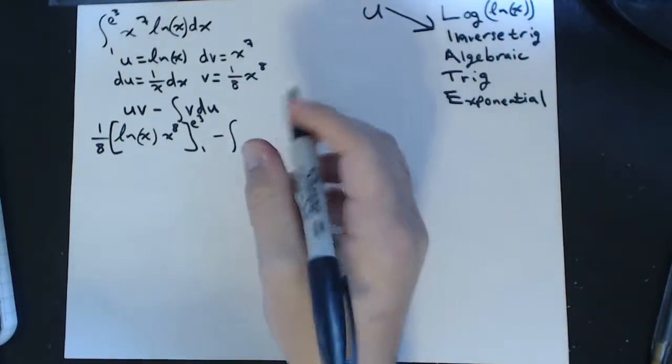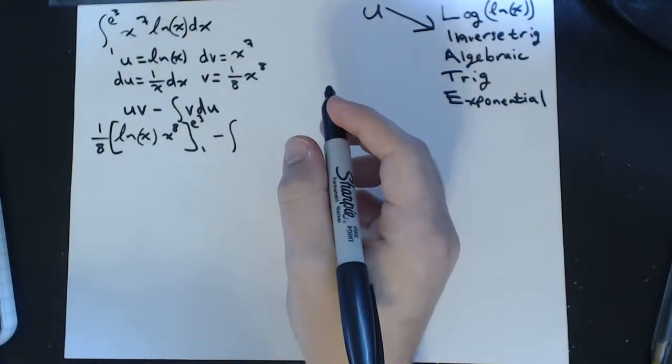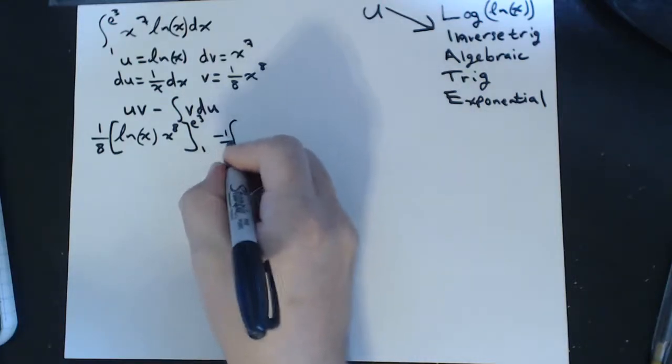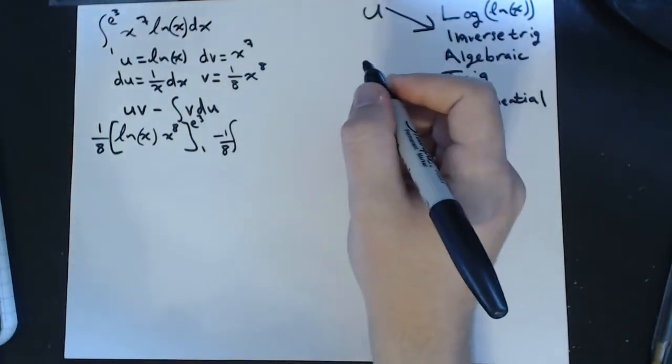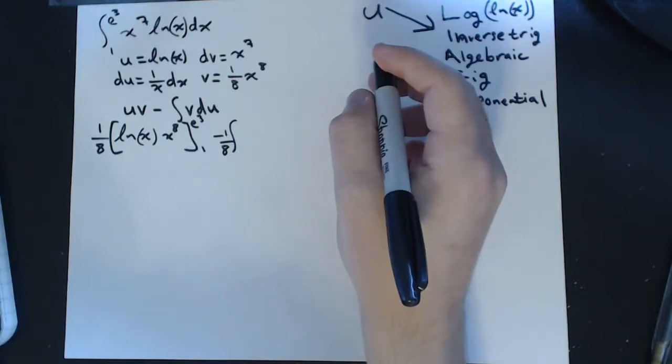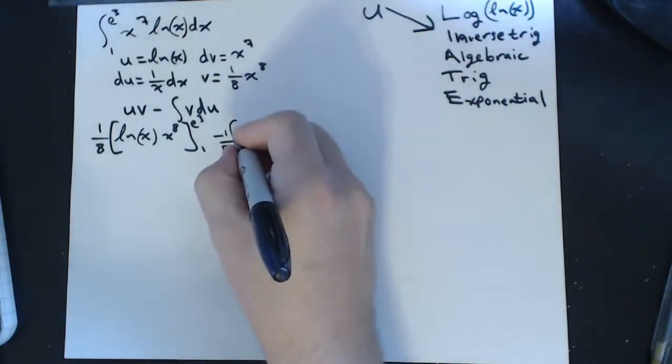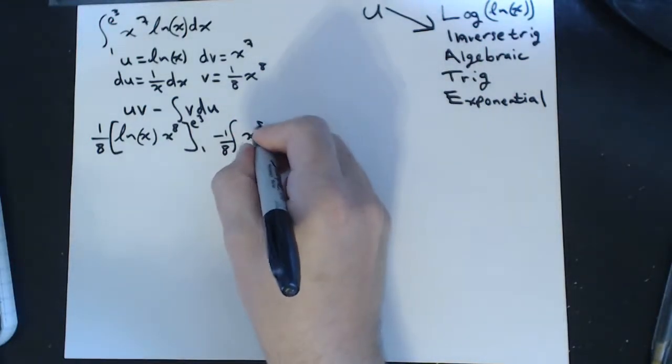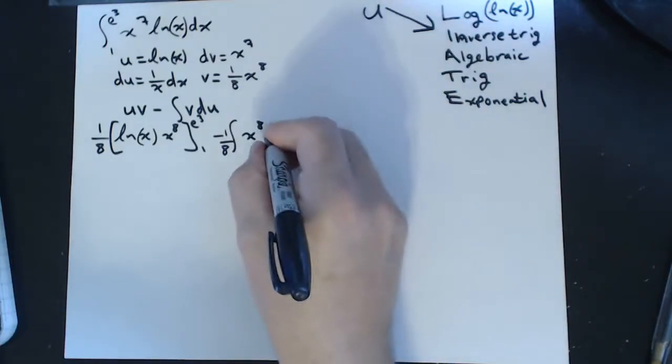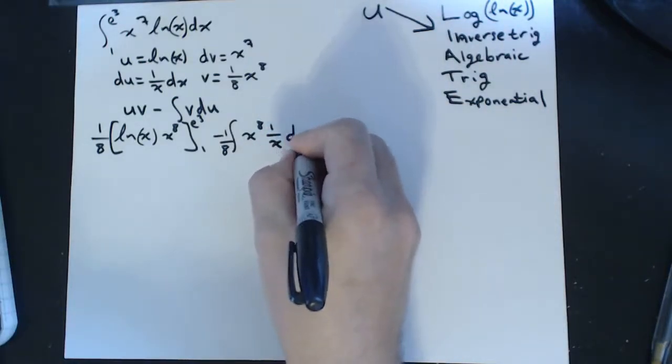So our v, once again, is 1/8 x to the 8th, so I'm going to pull that 1/8 out. Our v is x to the 8th, and our du is 1 over x dx.